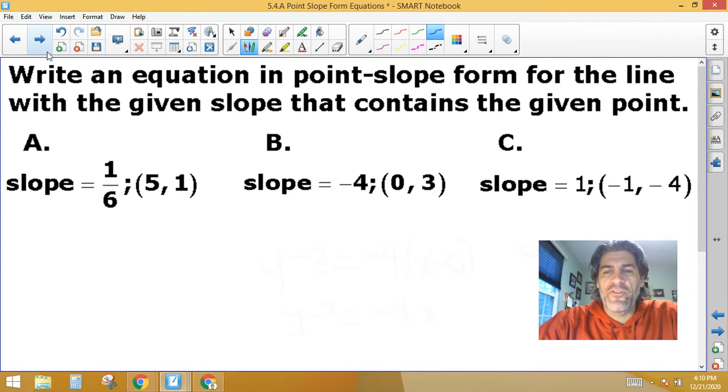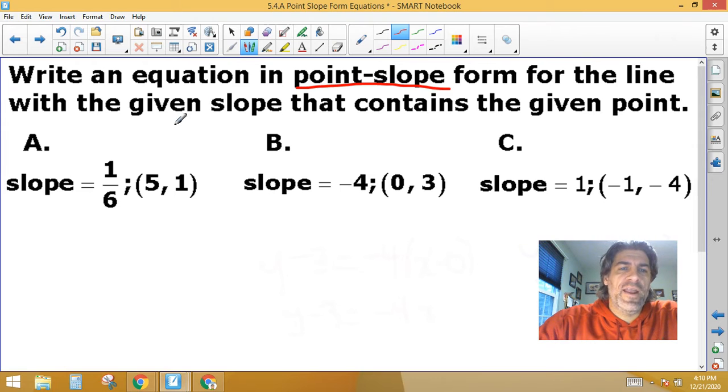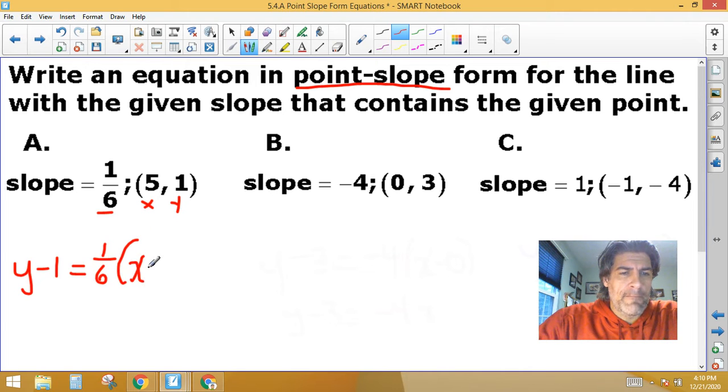Let's do some examples where we're just given the information. Write an equation in point-slope form for the line containing the given point with the given slope. My slope is 1/6, my point here is (5, 1). So I'm just going to do y minus my y value, which is 1, equals my slope, and then it's always going to be x minus my x value.